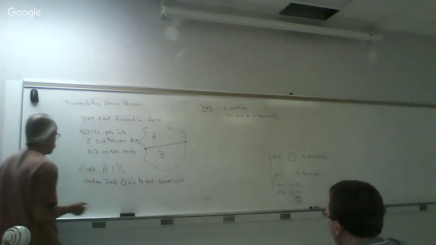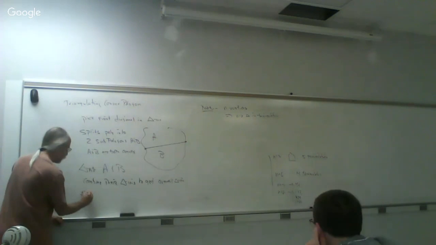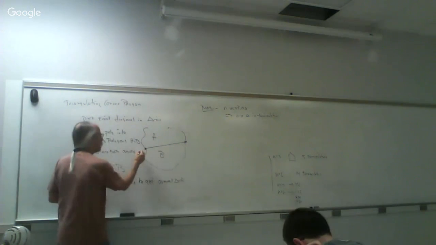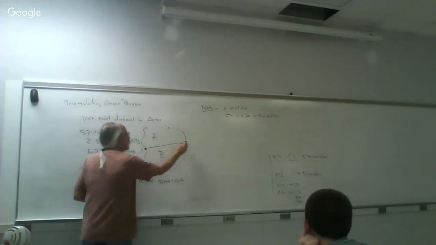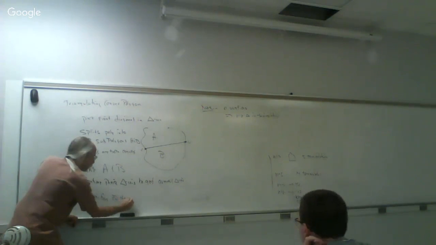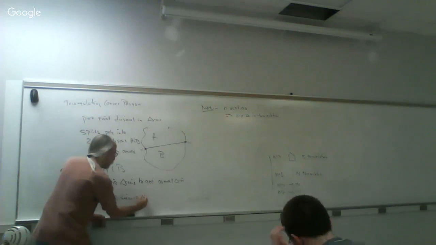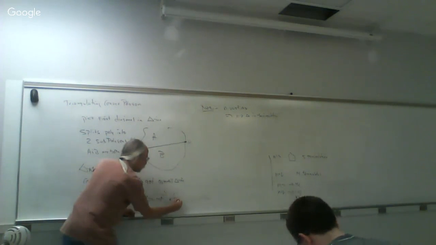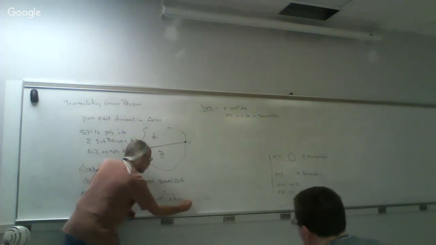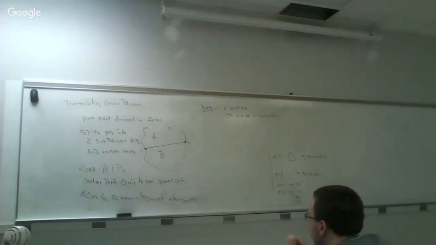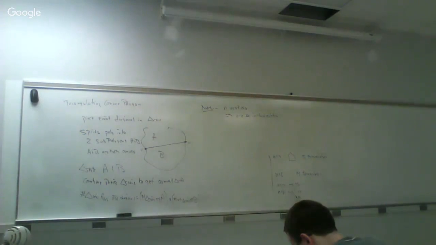The number of triangulations from this diagonal, let's call it V to W, from the VW diagonal, is going to be equal to the number of triangulations of A times the number for B. So we multiply them together and we get the total number from this one.